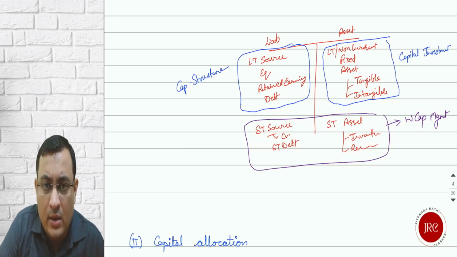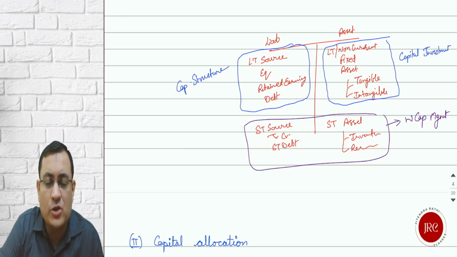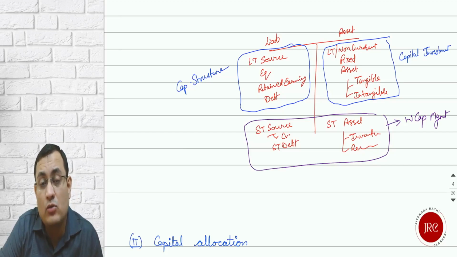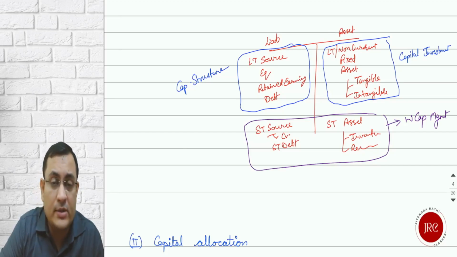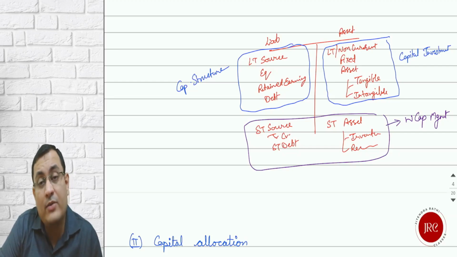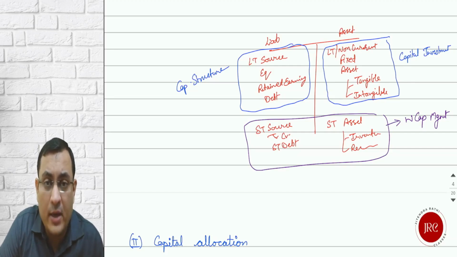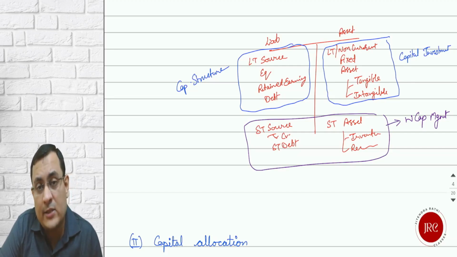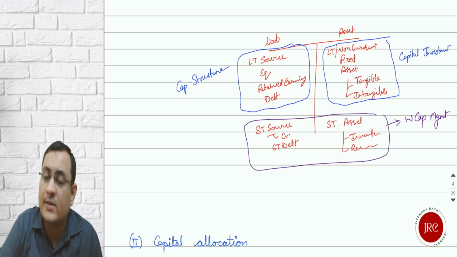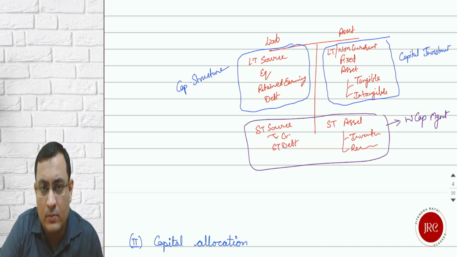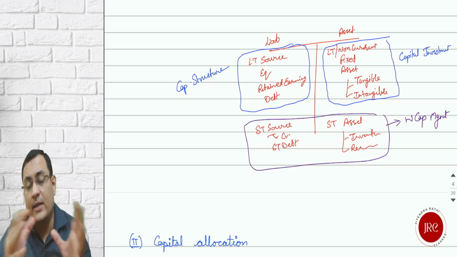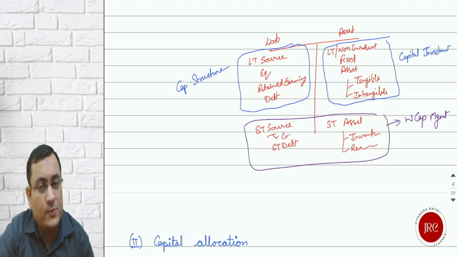These can be a particular asset, plant, or machinery, where the businessman needs to decide whether to invest or not, or if there are multiple projects, which projects should be given priority to maximize the value for the investors and for the company as a whole. These are the decisions which we are going to take in this particular module.